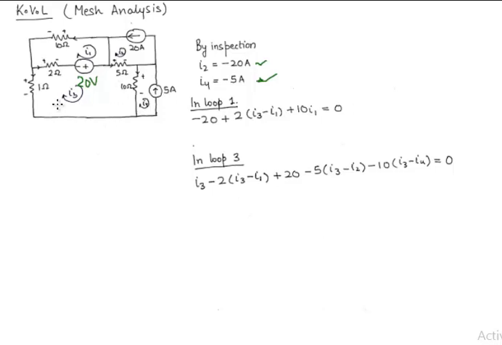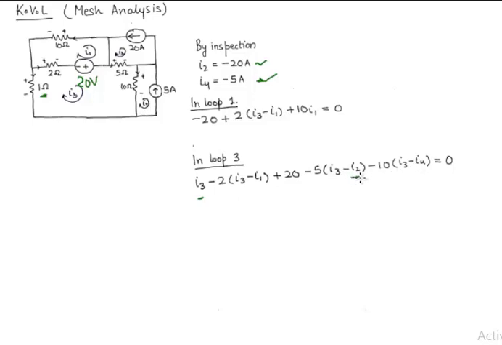And in this loop we have 1, 2, 3, 4 and 5 elements where the voltages are dropped. So the voltage drop at the 1 ohm resistor is I3. Voltage drop across 2 ohm is minus 2(I3 minus I1), and this is 20 volts, and then minus 5(I3 minus I2) minus 10(I3 minus I4).